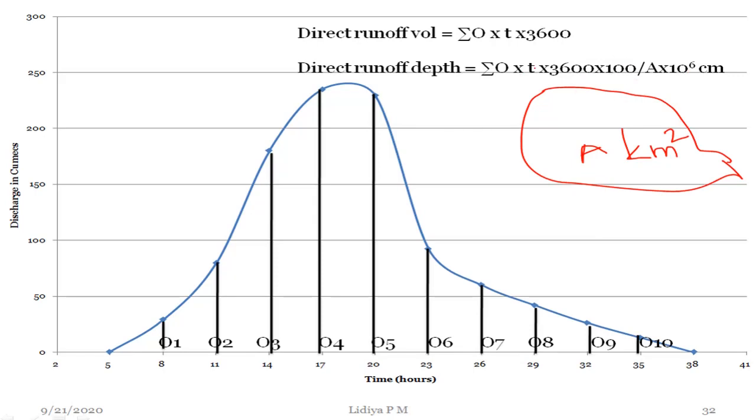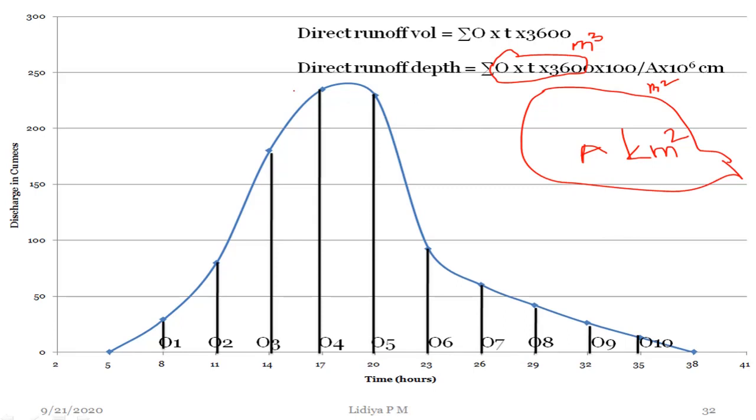Here we are getting the value in meter. Then converting that meter into centimeter, we multiply by 100. So we get the direct runoff depth in centimeter.